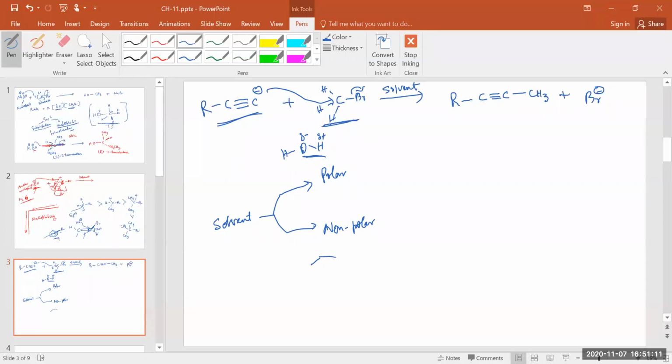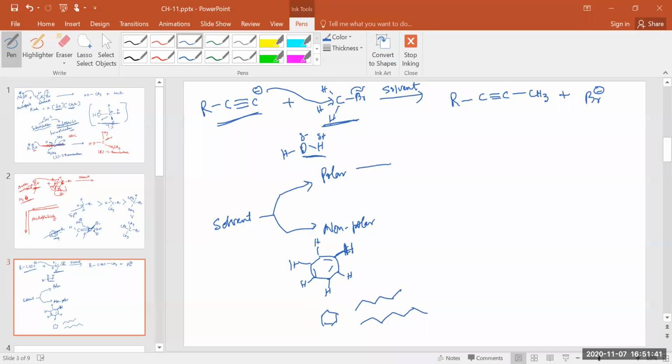Non-polar is one in which the electronegativity difference between carbon and hydrogen is not significant, so the bond is almost non-polar. Examples are benzene, cyclohexane, hexane, heptane, and they are the non-polar solvents.